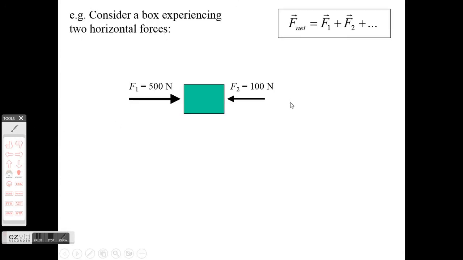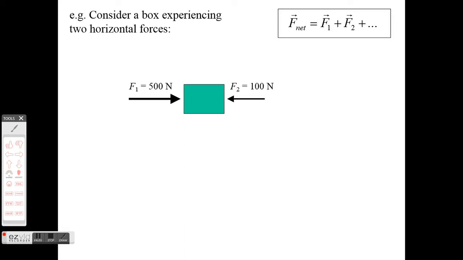In the meantime, though, let's look at a box. Two forces acting on it. Right, we've got force 1, which is 500 newtons, pushing it towards the right, and force 2, 100 newtons, pushing it towards the left. Oh, who's going to win this race? Well, it's definitely going to be force 1.